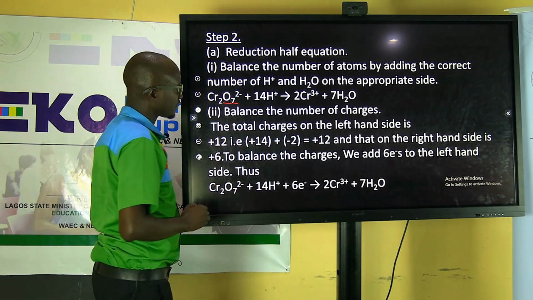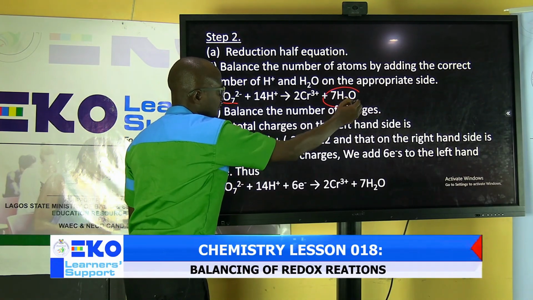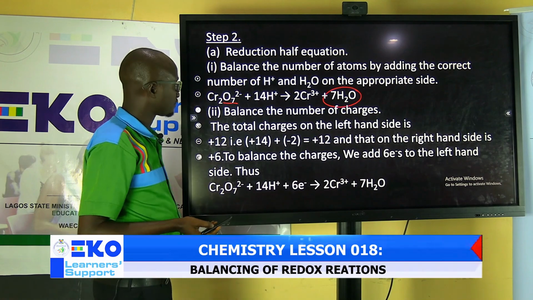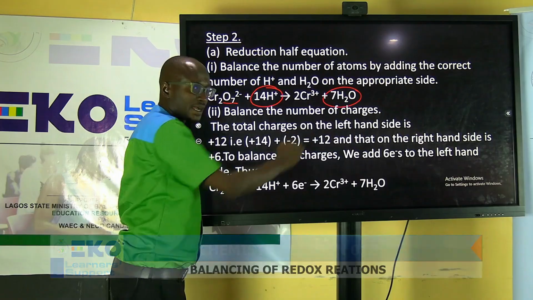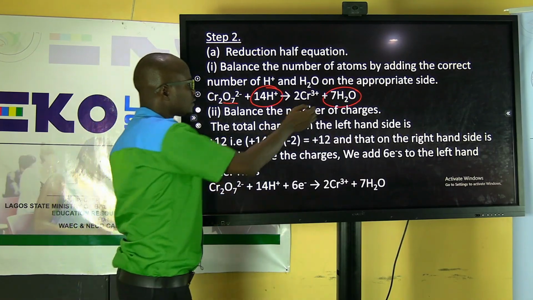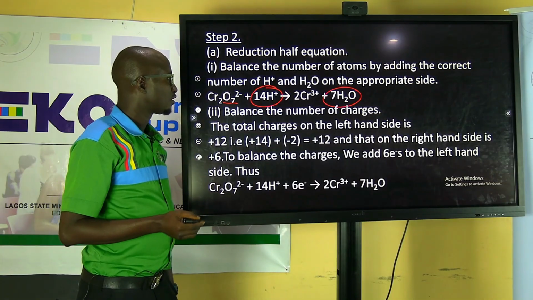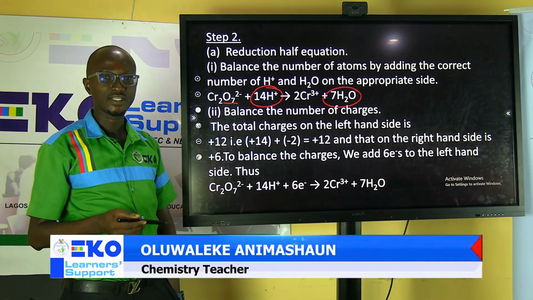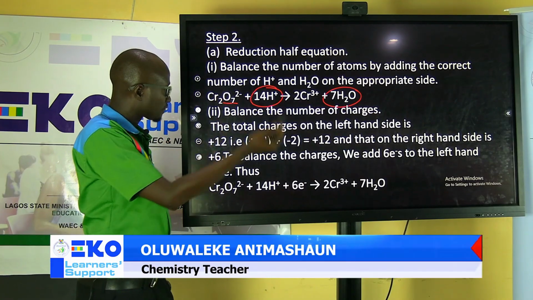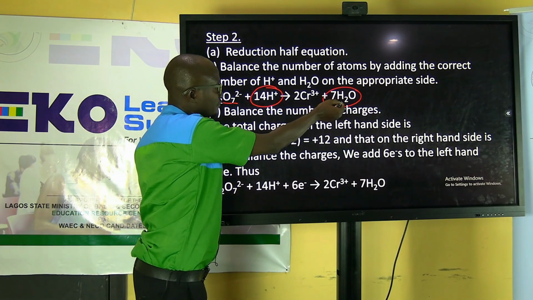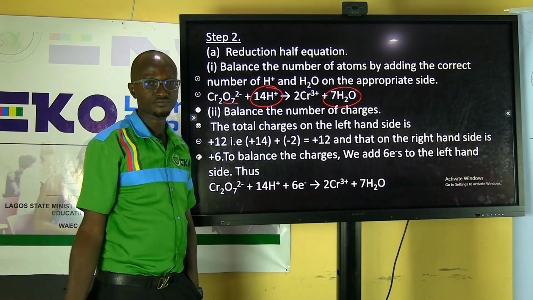Before this, the water was not there. It was just added. So let me tell you how they got the 7 water. Since there is 7 oxygen here, the rule says you balance it by adding the correct number of water molecules. So 7 oxygen can be balanced by adding 7 water molecules, because in 7 water molecules, we have 7 oxygen.